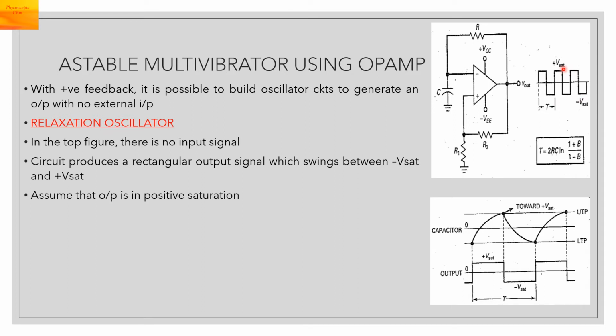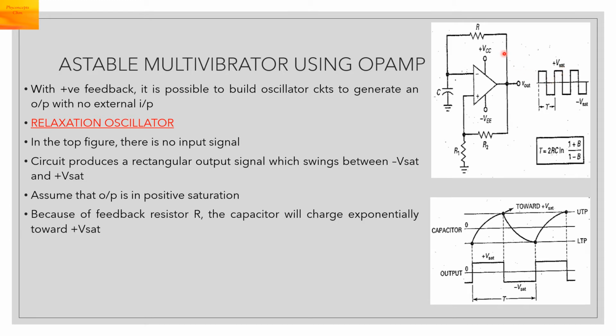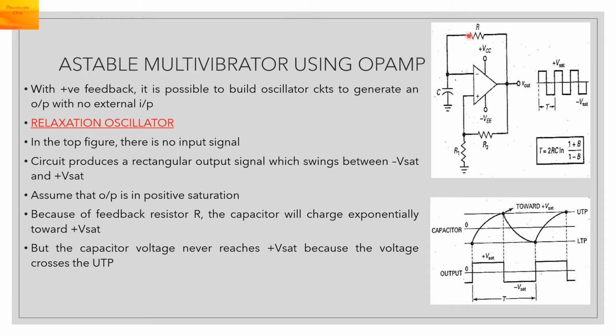Assume that the output is in the positive saturation. Because of the feedback resistor R, the capacitor will charge exponentially towards plus Vsat. But the capacitor voltage will never reach plus Vsat because the voltage crosses the UTP, which you can understand from this waveform.